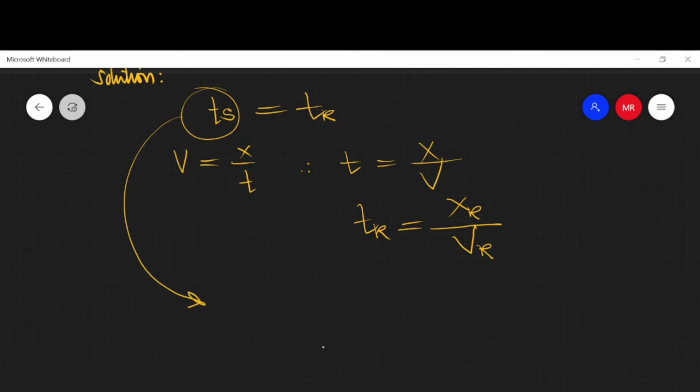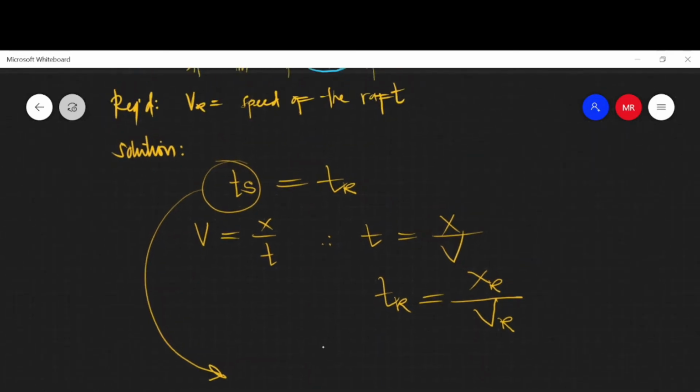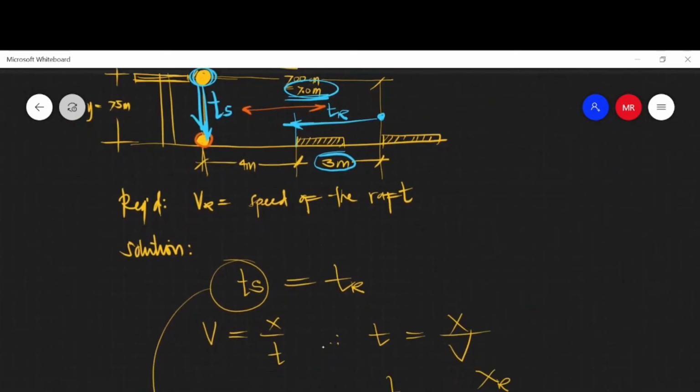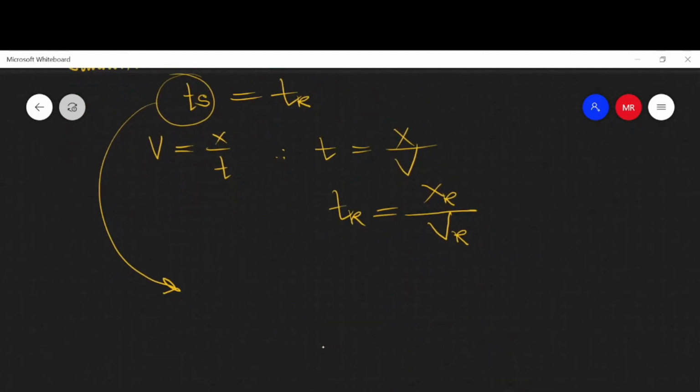Well, we only have y, the height of the bridge. So we can use the equation y is equal to v initial times time plus 1/2 g t squared.